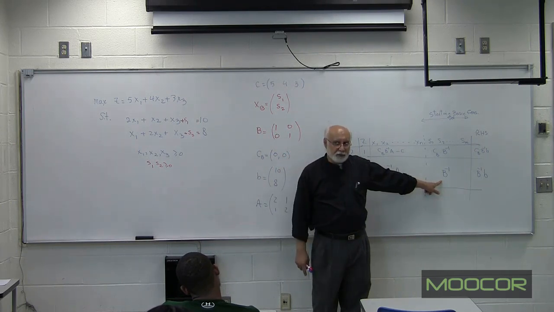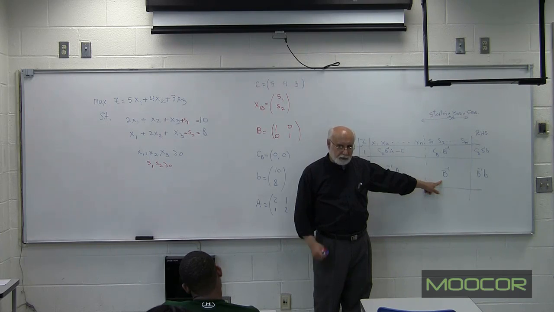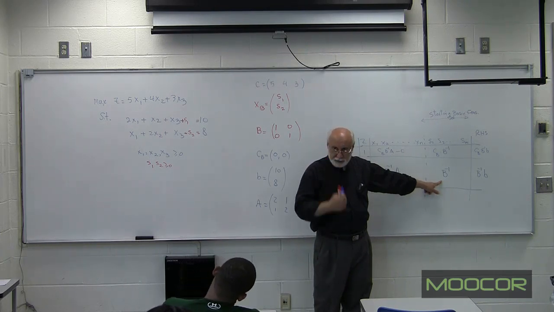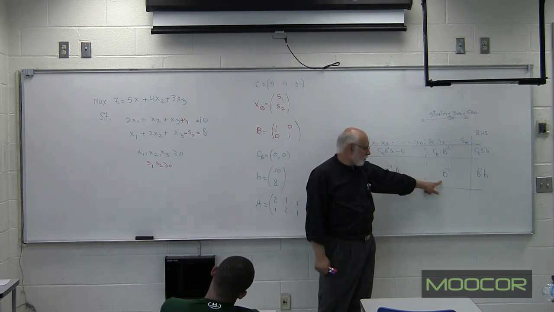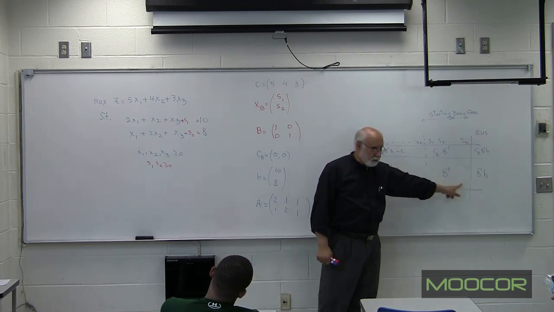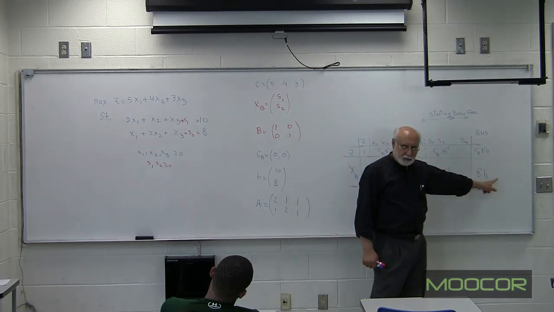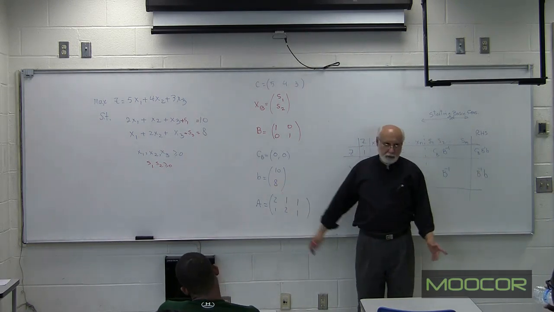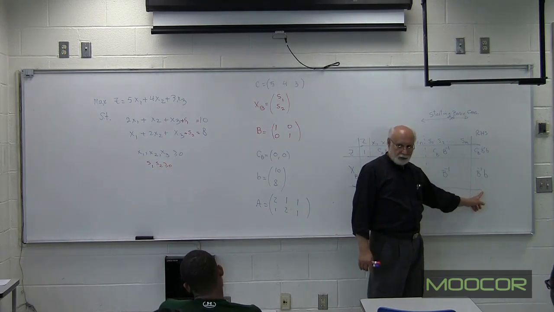What is B inverse? Identity matrix. The inverse of identity matrix is identity matrix. So it would be 1, 0, 0, 1. What is the right-hand side? Identity multiplied by little b. So it would be 10 and 8.